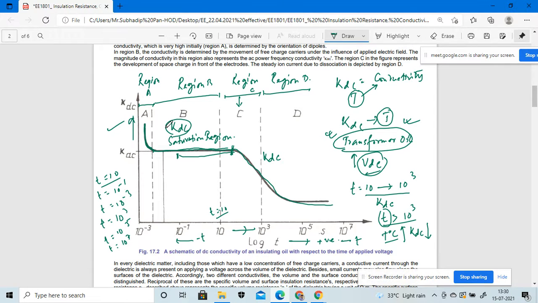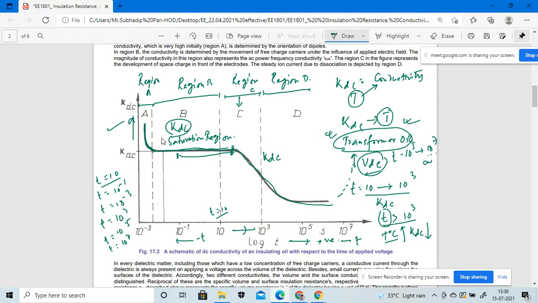We can also say that if I increase the time, the conductivity of the transformer oil will be reducing between t equal to 10 to the power 5 and up to infinity. It may happen that after 10 to the power 7, depending upon the temperature, it will increase.